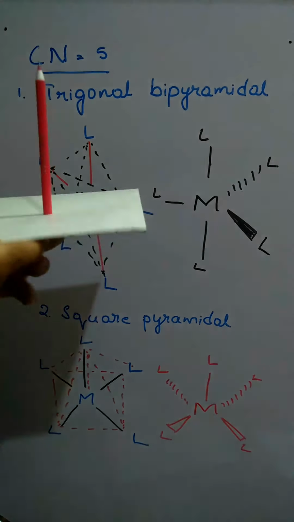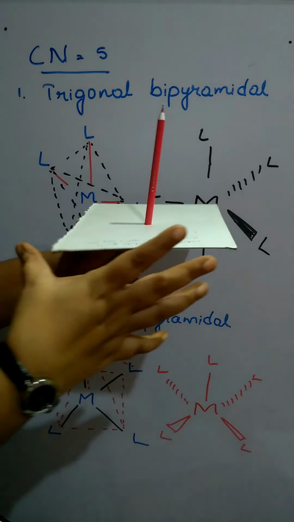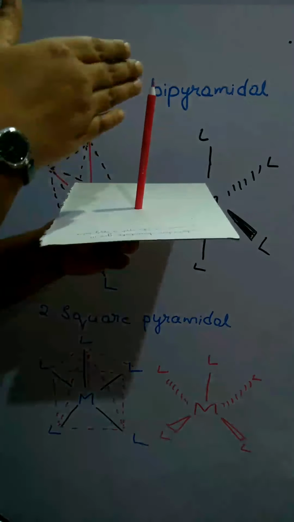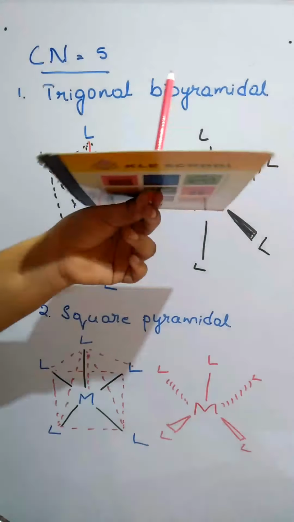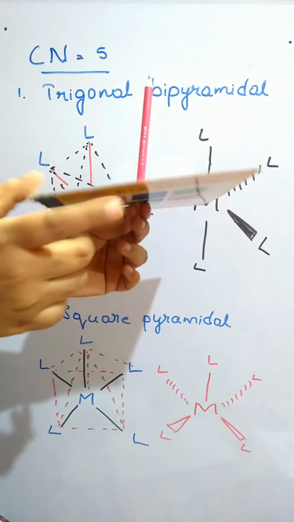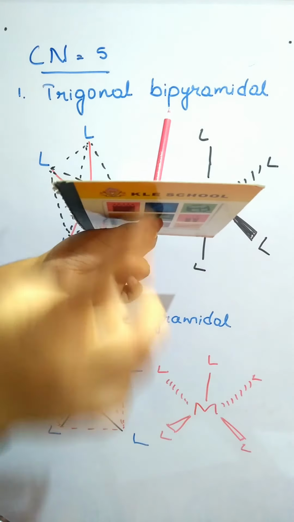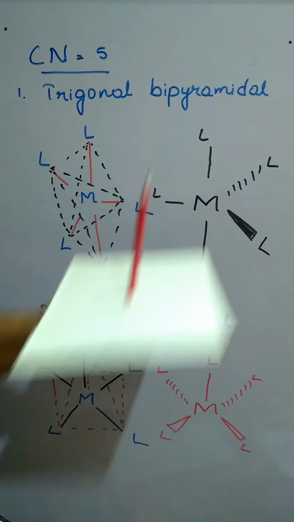These two ligands are near to the observer, this is the inner plane, and these two are far from the observer.